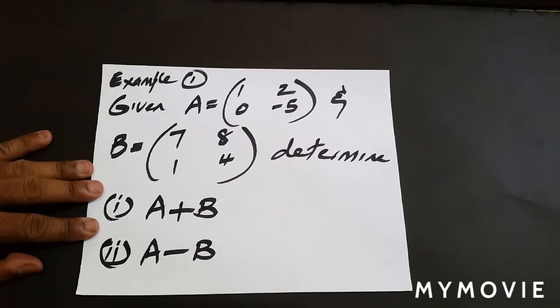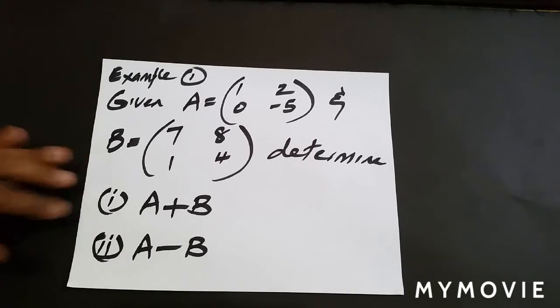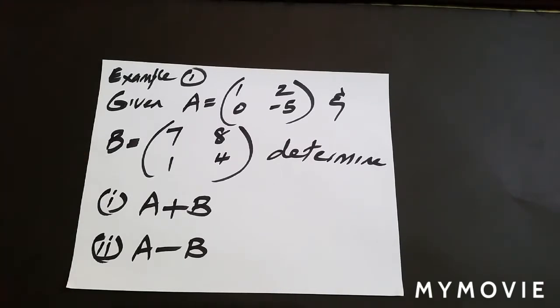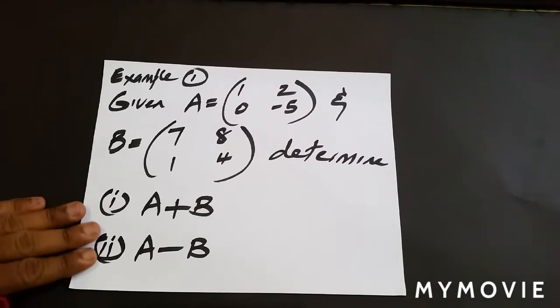So we're given a matrix A, which is 1, 2, 0, negative 5, and another matrix B, which is equal to 7, 8, 1, and 4.